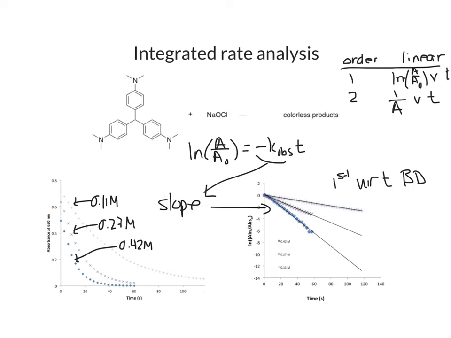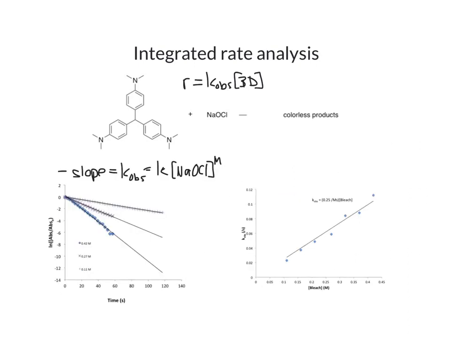Remember that our k observed was a combination of the true rate constant times the concentration of the sodium hypochlorite raised to the order of reaction with respect to the sodium hypochlorite. And so we're going to make one more graph. So the slope of these lines is equal to minus k observed.